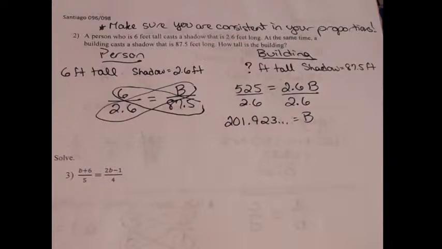Now, we can say that this building is 201 feet, but the really amazing thing about length, measuring in length, is that it is continuous. It's not discrete. So what I mean by that is you can have 201.9 feet. That's more specific and it's closer to what it actually is.